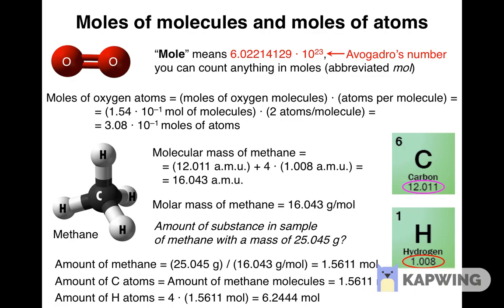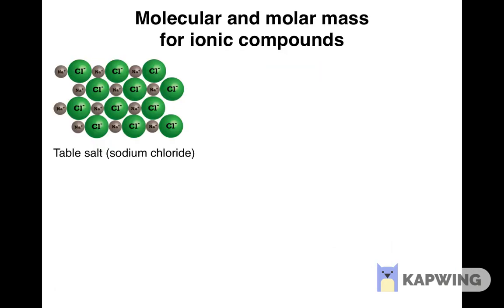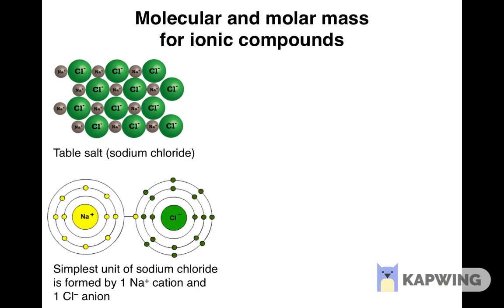Ionic compounds do not consist of molecules. However, the mass of their simplest unit is commonly referred to as their molecular mass, and the mass of Avogadro's number of their simplest units is referred to as their molar mass.